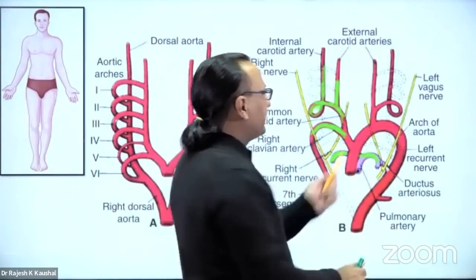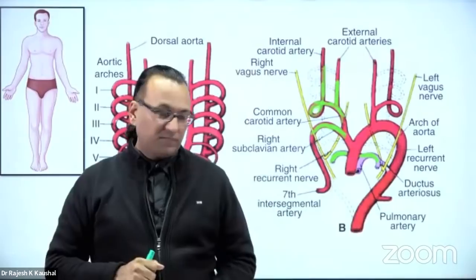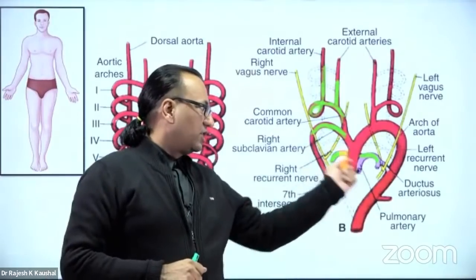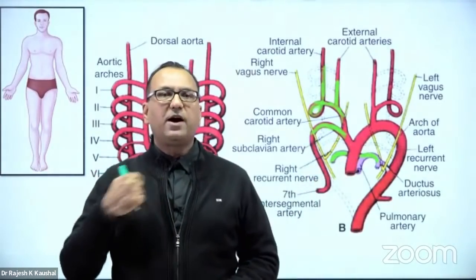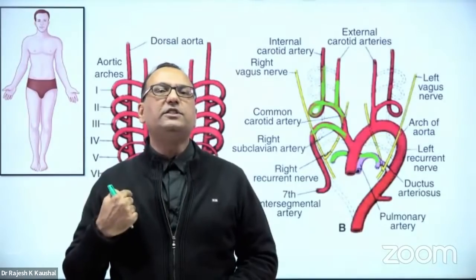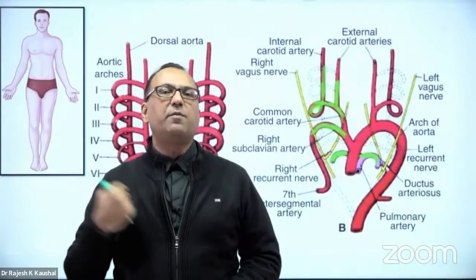Now, there is one difference. On the right side, the sixth arch artery just forms the pulmonary artery. There is a communication, and it is disappearing.